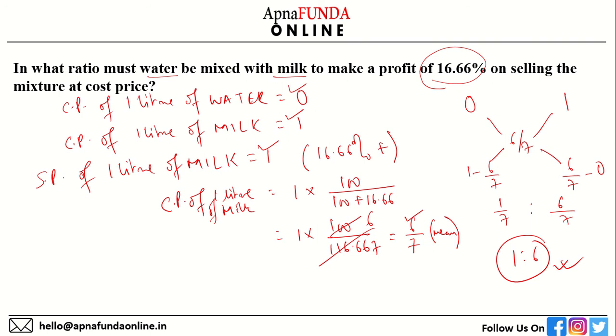If you are not aware about profit and loss, we have our videos and video sessions on profit and loss where we have discussed how to find cost price, selling price on the basis of profit, loss, mark price, discount. We have spoken about all these topics in detail. Please have a look at those videos as well.